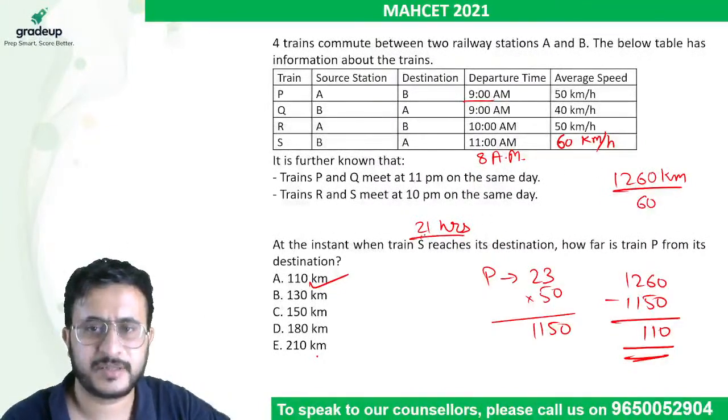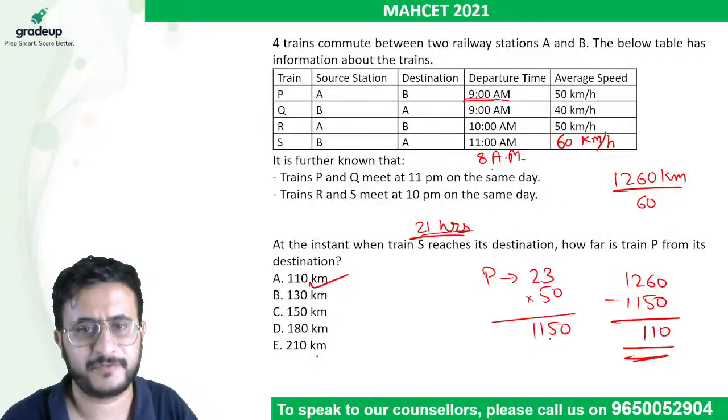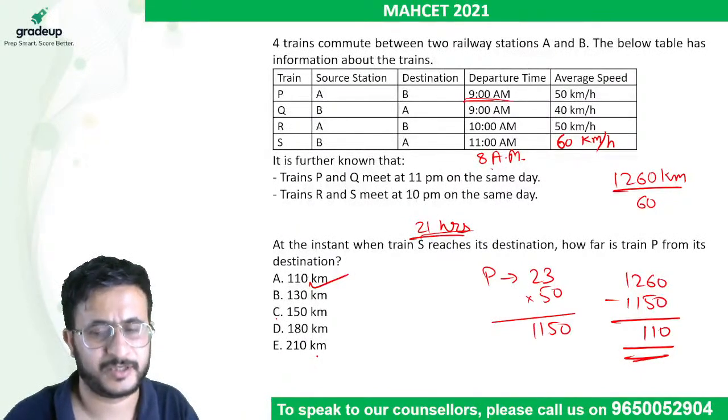So S is completing in 21 hours. So it means S will reach at 8 a.m. But P is not starting at 11 a.m. P has started at 9 a.m. So till 8 a.m. P has covered 23 hours, right? 23 hours it will cover 1150 kilometer. So it is 110 kilometer from its destination.